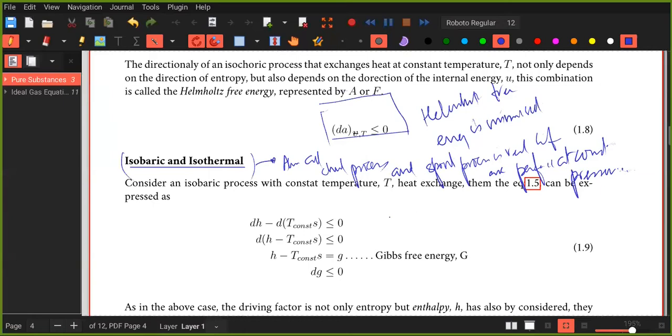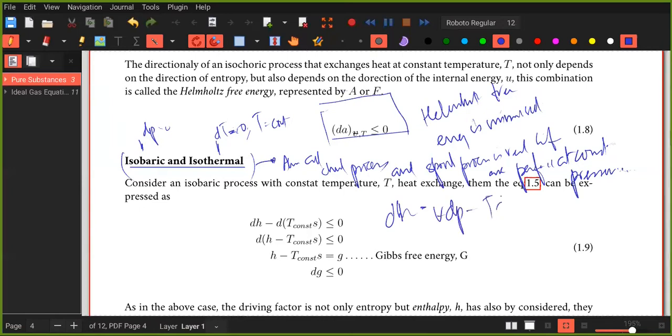So we already had an equation: if we have an isobaric process, then dP is 0. Isothermal, dT is 0 or T is a constant. So we already had dH minus VdP minus TdS should be less than or equal to 0. As we have our isobaric process, the dP term drops out.